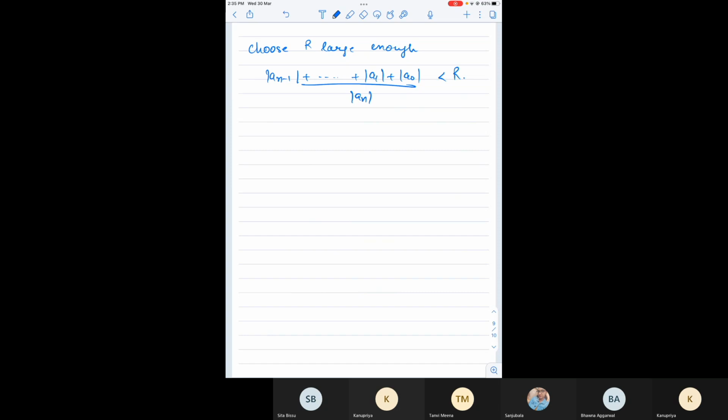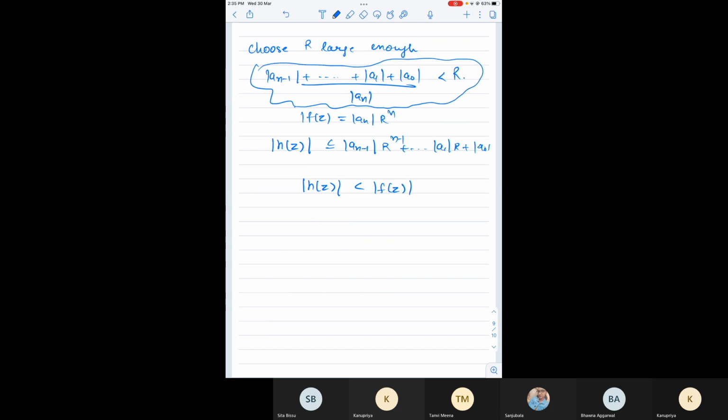Using this condition, you can see that mod of h(z) will be less than this. Mod of f(z) is mod a_n r raised to power n. So mod of h(z) is always less than mod of f(z).